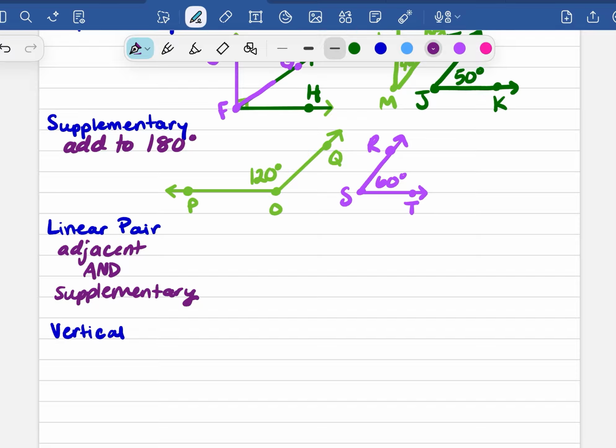But if I have a line, well, a line is a 180 degree angle. So if I have X, Y, and Z, this angle here is 180 degrees. It's called a straight angle or a line.